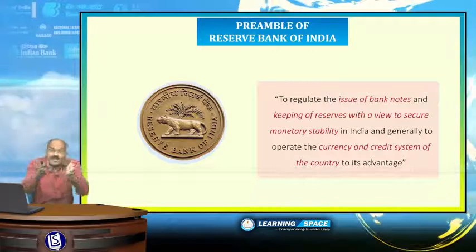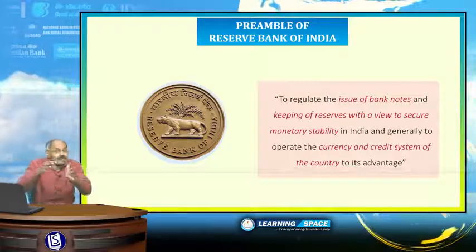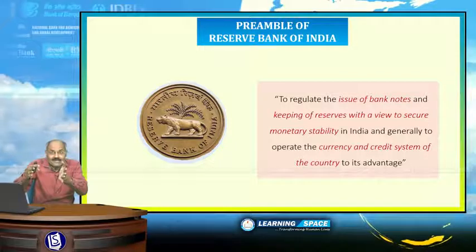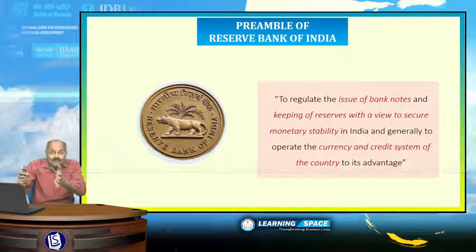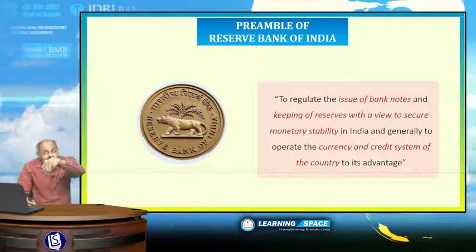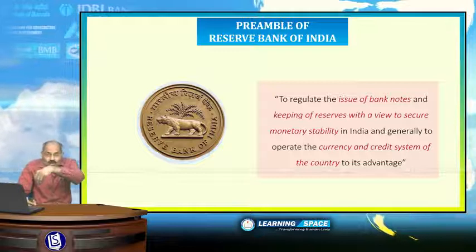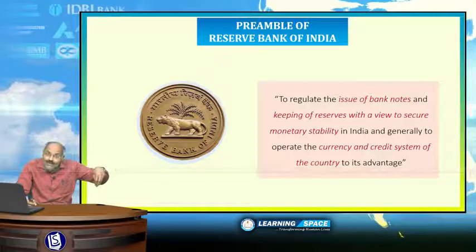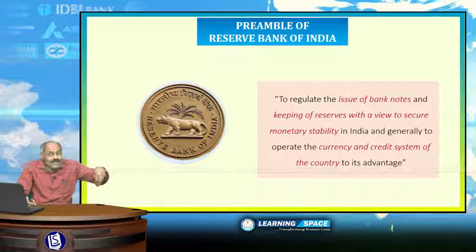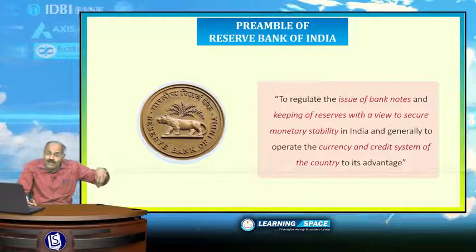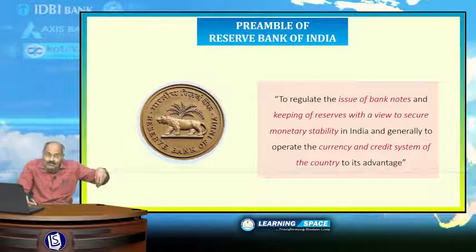Here if you look at the preamble of Reserve Bank of India, to regulate, please look into the sentence carefully, to regulate the issue of banknotes. So, the Reserve Bank of India is vested with power for regulation of issue of banknotes.